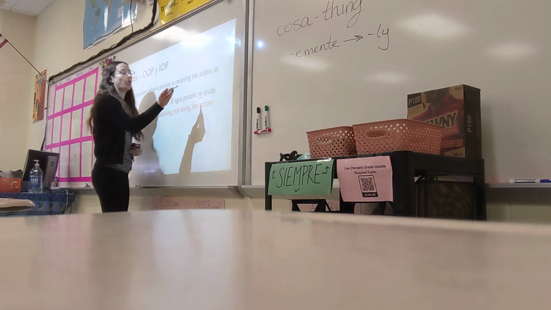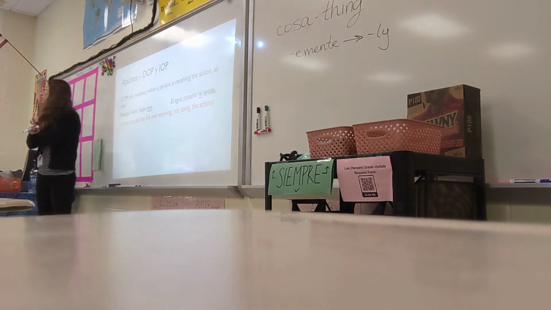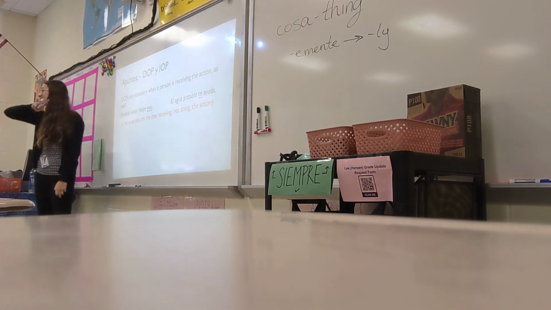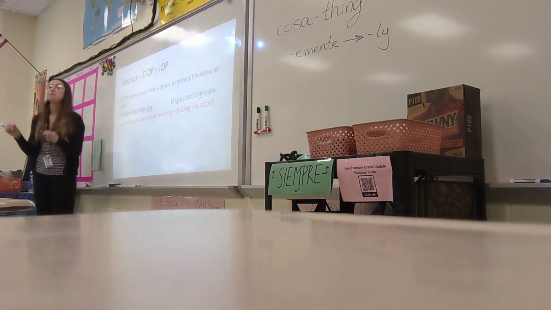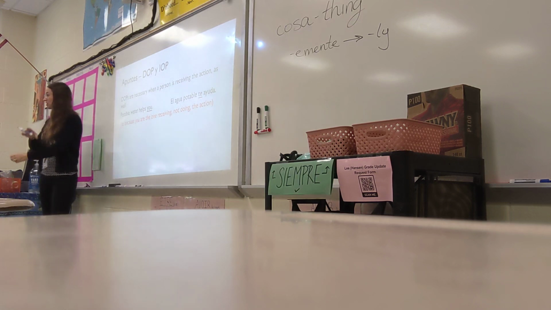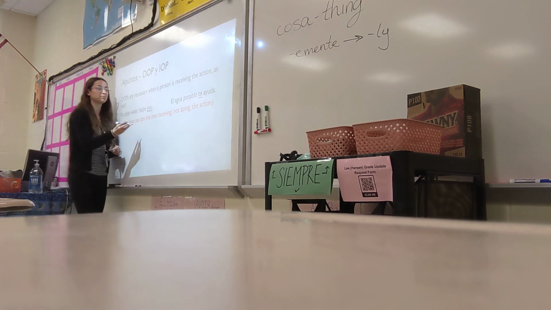So, when we have that situation, you cannot say, agua potable ayuda tú. That is incorrect in Spanish because you are receiving the action. You are a direct object. We have to use the direct object pronoun.